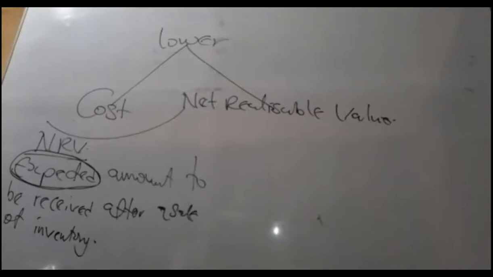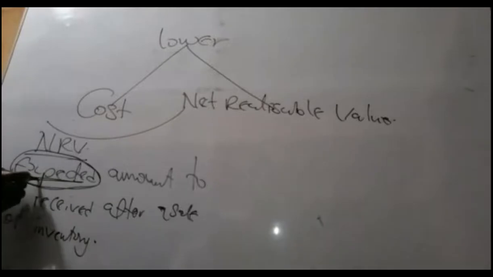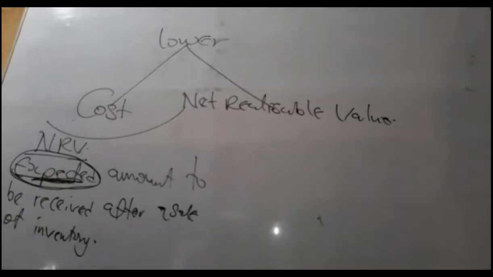Recoverable amounts and NRV, net realizable value, are all expected values. Something that you expect to receive after the sale of the asset. If I should sell this asset today, how much will I receive from it? NRV is expected. So we have to see the word expected in your definition. Good.